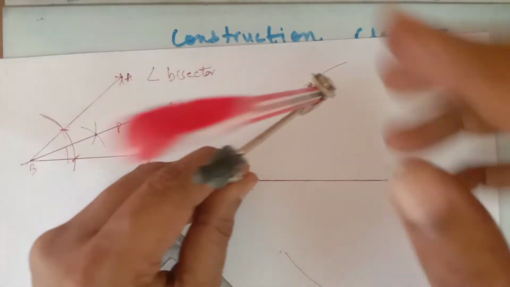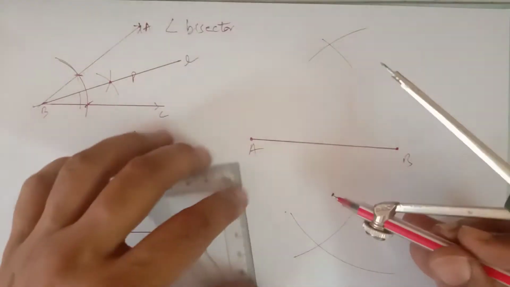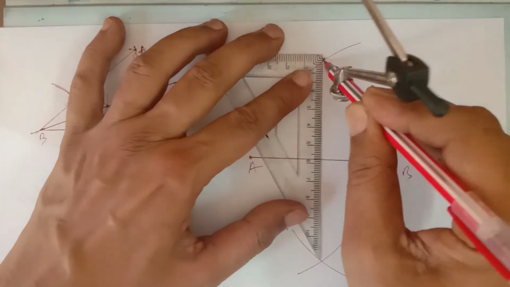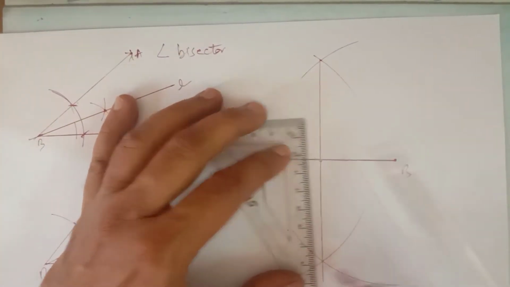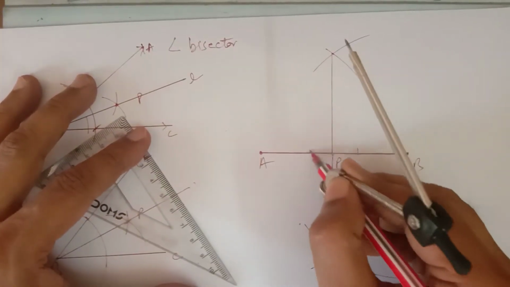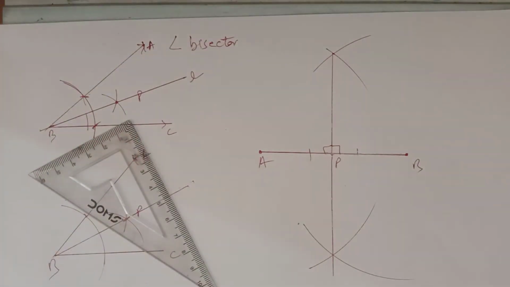With the other point as a center and the same radius, cut these 2 arcs and join the points of intersection of these 2 arcs. You'll get the perpendicular bisector of this line segment. Perpendicular bisector means it bisects into equal parts at a 90-degree angle. This is a method to draw the perpendicular bisector of any line segment.